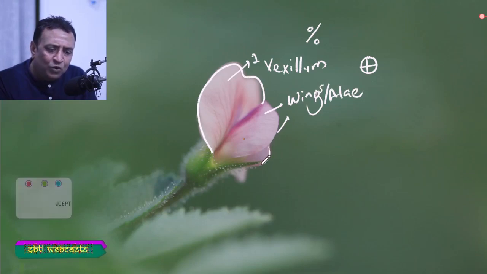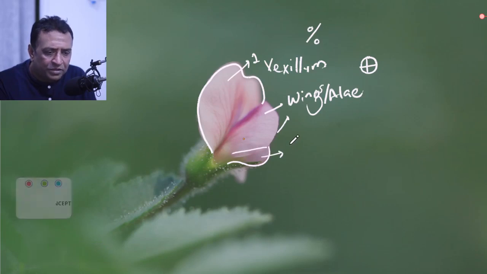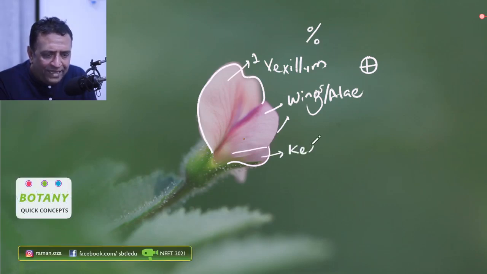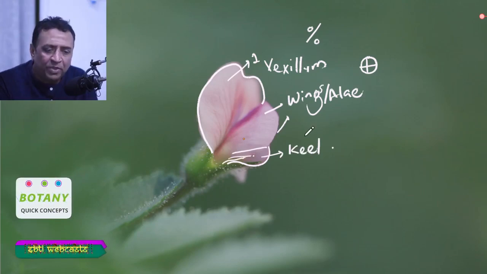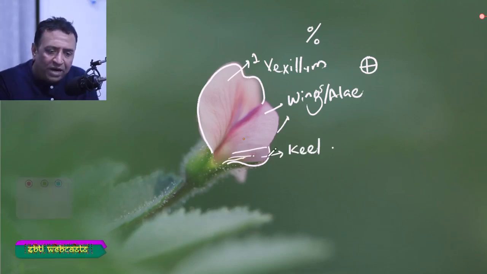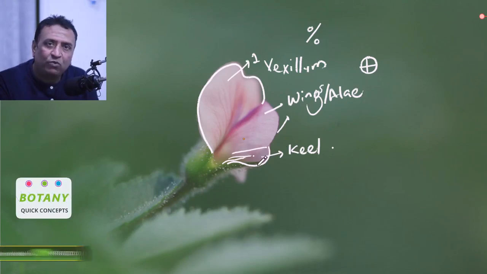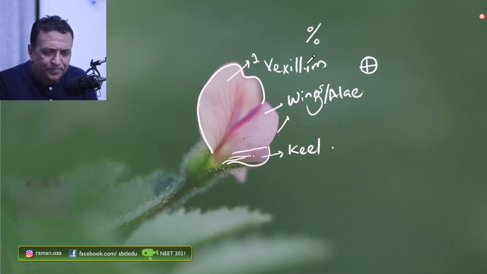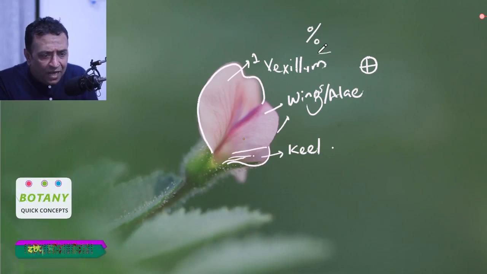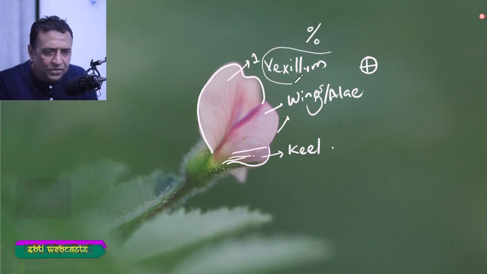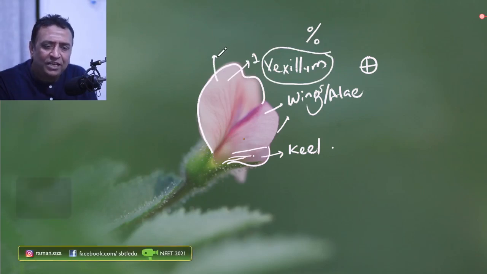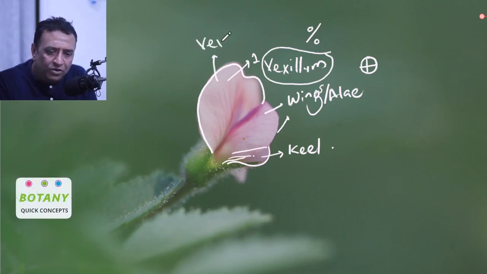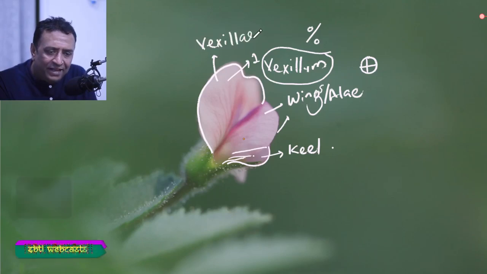And the innermost boat-shaped fused petals are called keel. It encloses the androecium and gynoecium, the reproductive whorls of this flower. See, this outermost petal is vexillum, and hence the aestivation in the corolla is called vexillary aestivation.